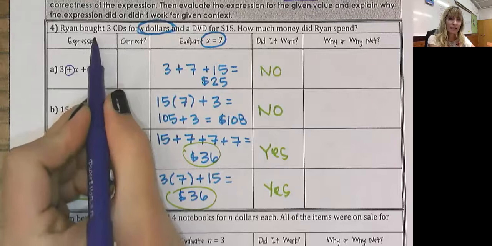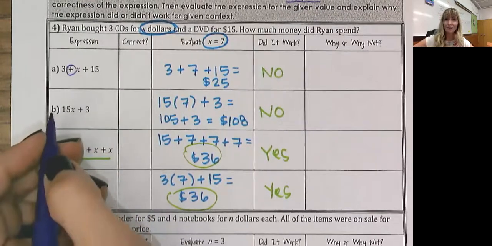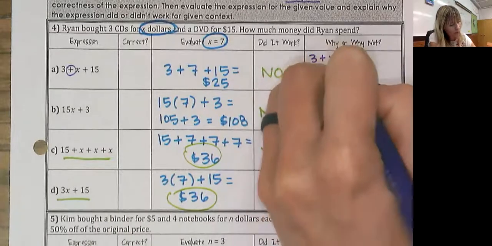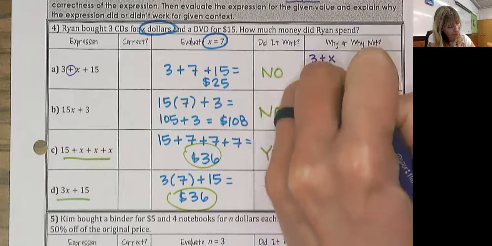If you bought 3 CDs for X dollars each, you need to have multiplication, right? Multiplication is what makes sense there. So if I'm looking at why that didn't work, well, because 3 plus X would mean $3 plus 1 CD.